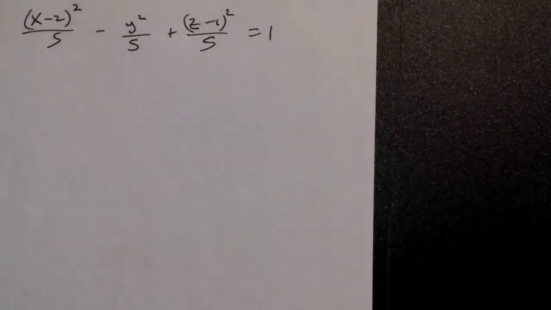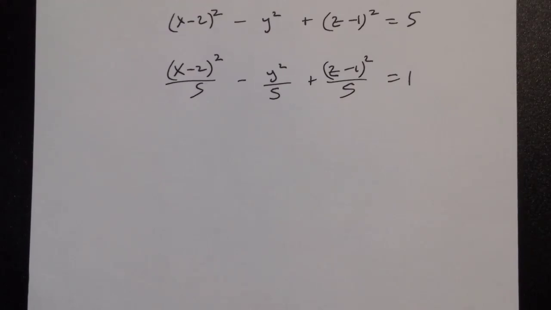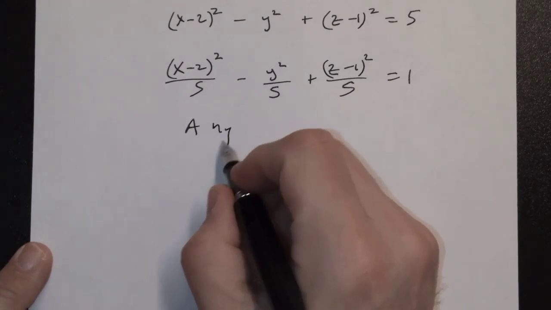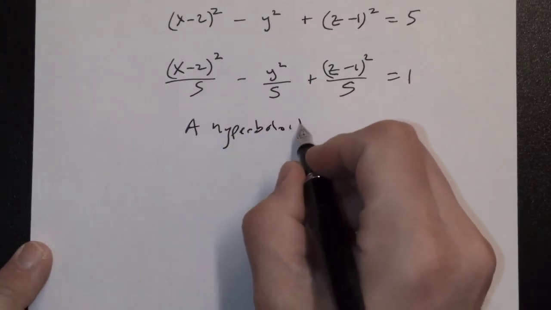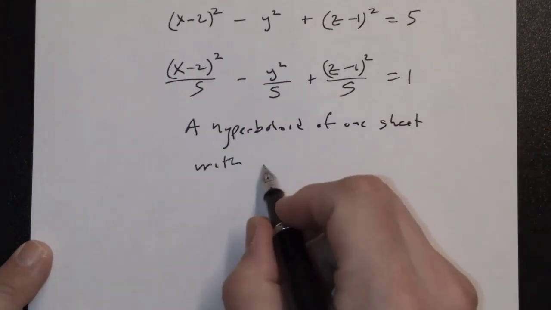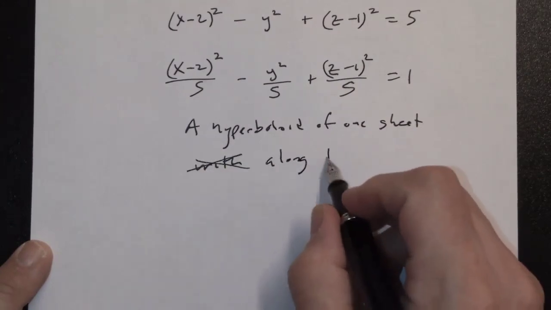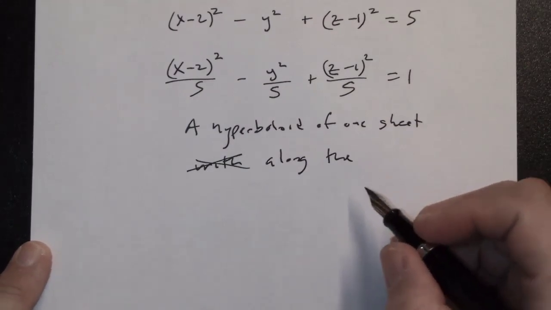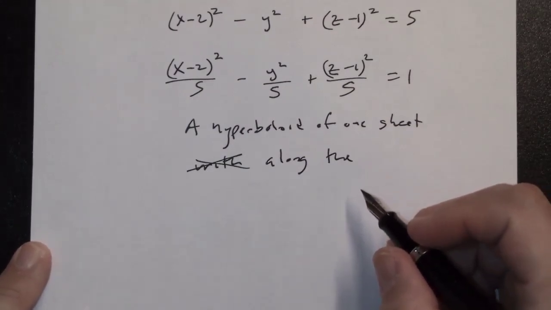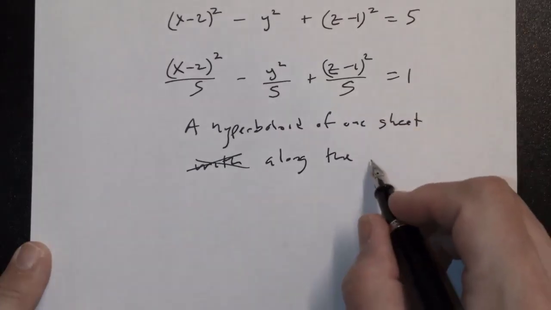So I think this is a hyperboloid, but instead of going up and down, it's going left to right. Technically, it doesn't have to equal 1, but like when we did all of our hyperbolas and ellipses, in the standard form we always wrote them equal to 1.